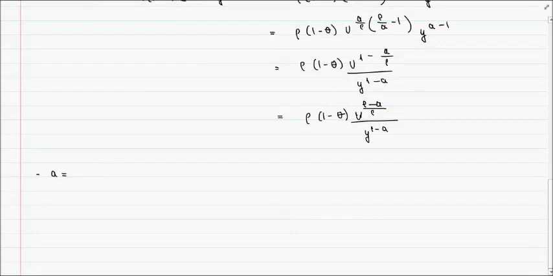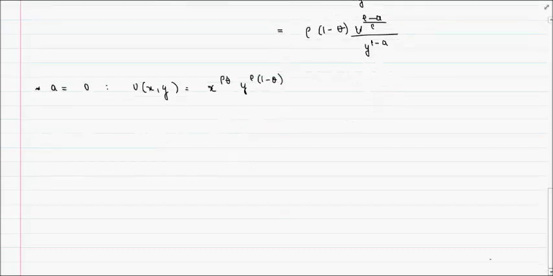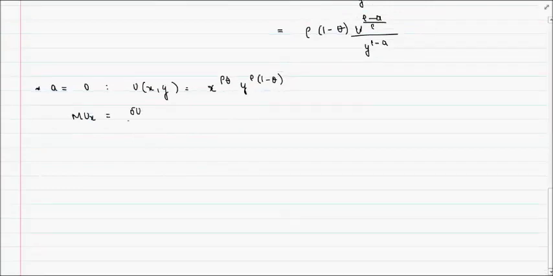Now the second case is where a equal to 0. Then your utility function is going to be equal to x to the power rho theta y to the power rho 1 minus theta. Okay, so again, to find the marginal utility, in this case, it's just the differential of u with respect to x.